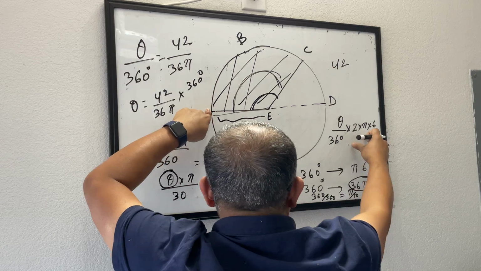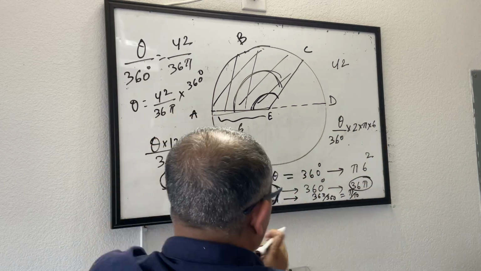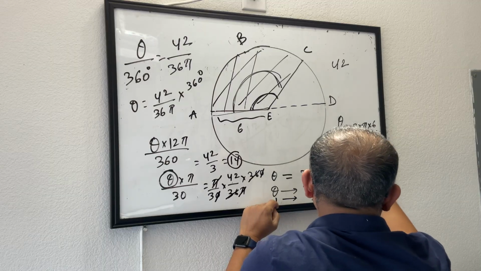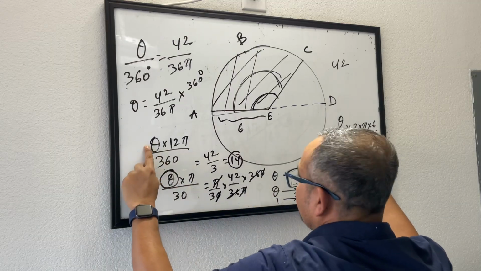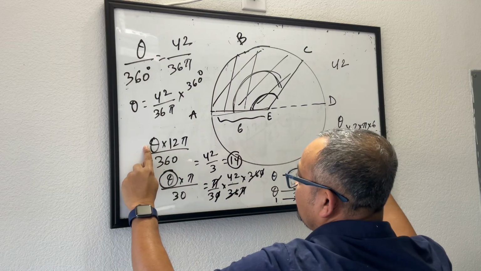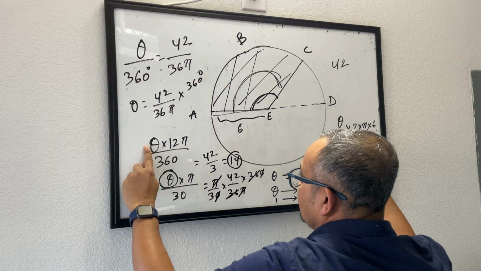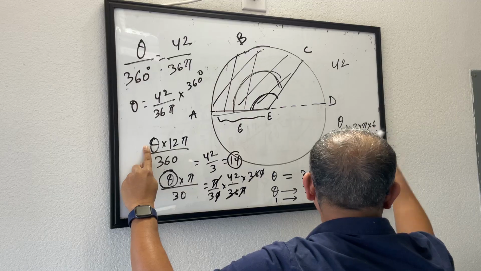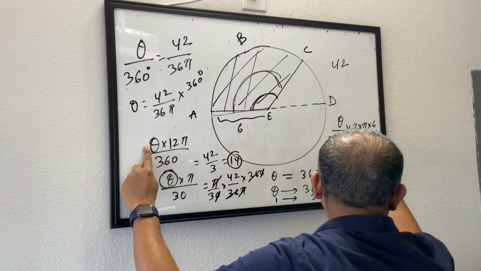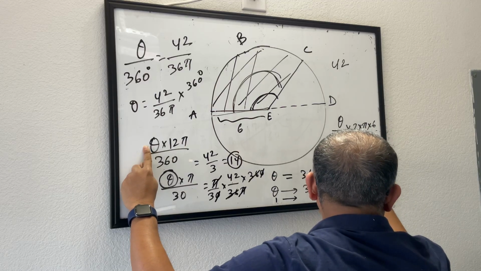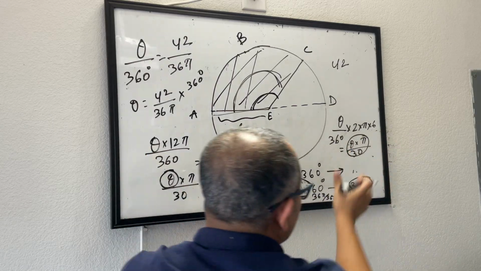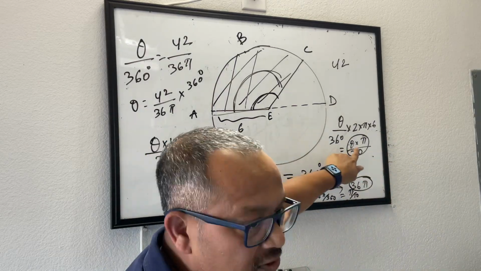That gave us theta into 12 by 36 into pi by 30. This is the length of the arc we got. The only unknown thing was this theta.